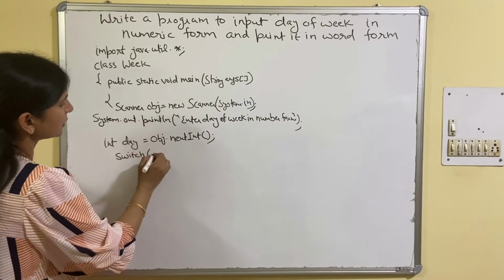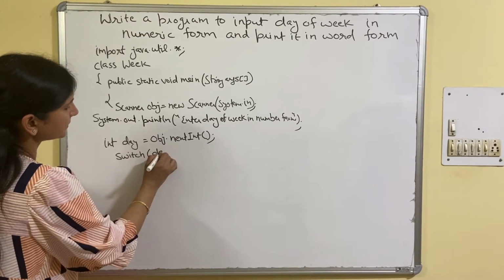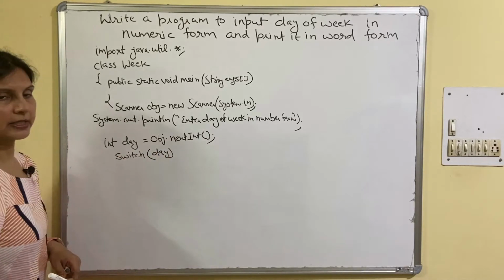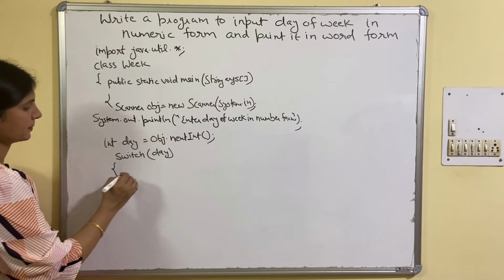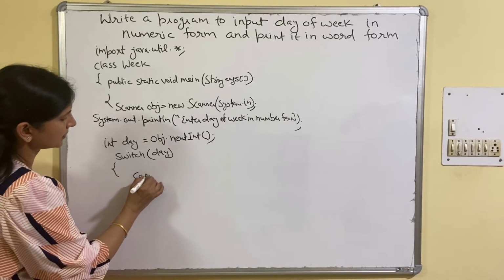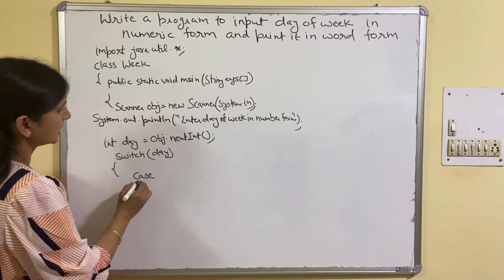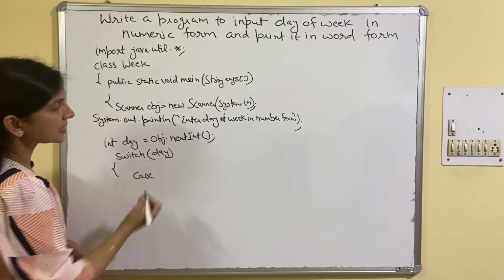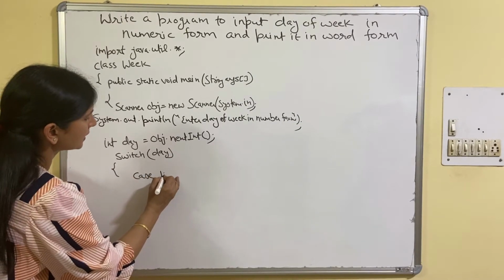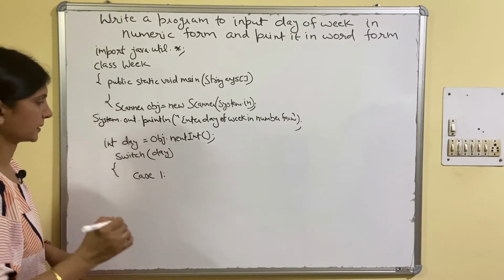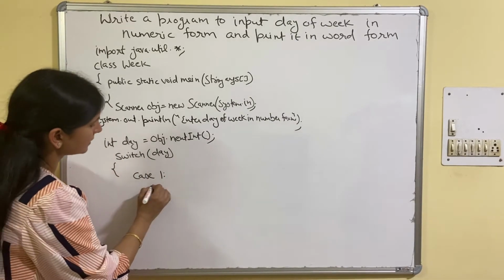In switch you will pass this variable day. Fine. Then the opening braces of switch block. Case, again in small letters, case. So day is in integer form, so I am writing case 1, then colon.